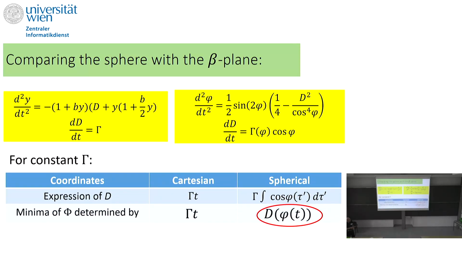So the expression for gamma was gamma t on the beta plane in the Cartesian coordinates, and here it's, sorry, look at this. So D is a function of phi, which is a function of t. Here, t in the spherical case is just a little more complicated than what we have on the beta plane.